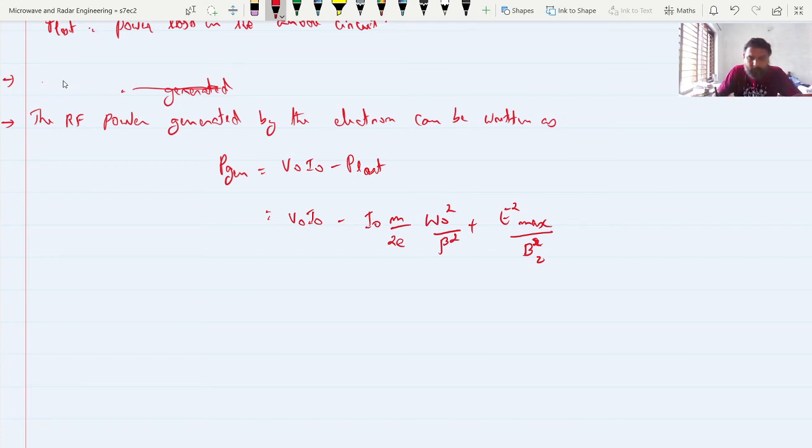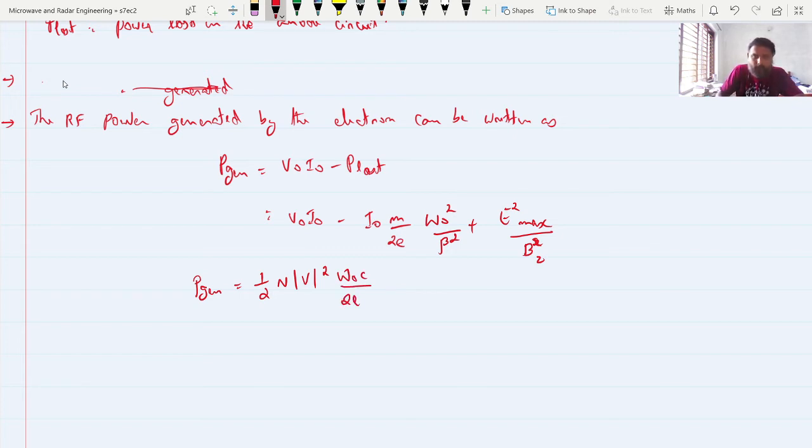Okay. So you just take this directly. No, I am not going to derive all those things. So P generated is nothing but 1 by 2 n modulus of V square omega naught c divided by QL.